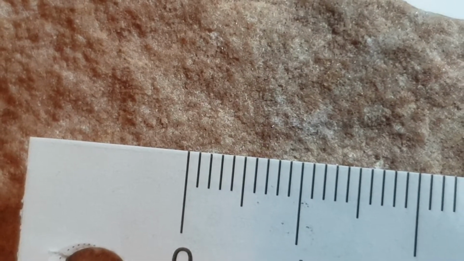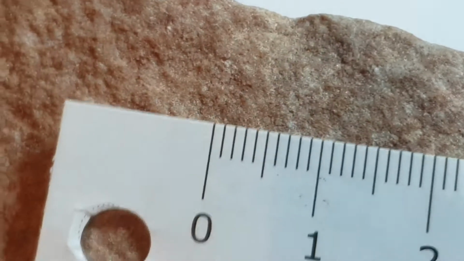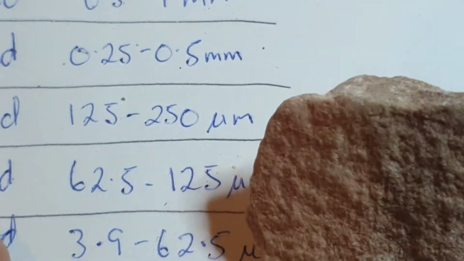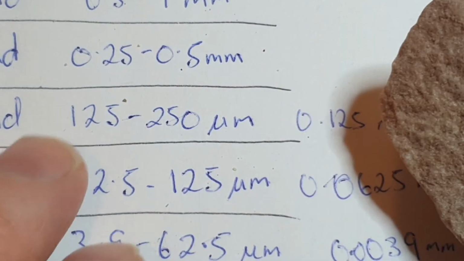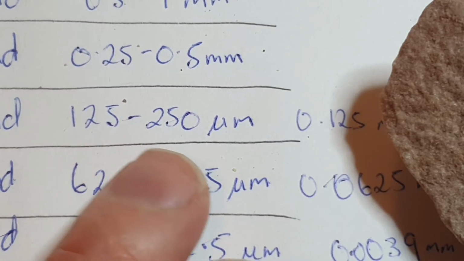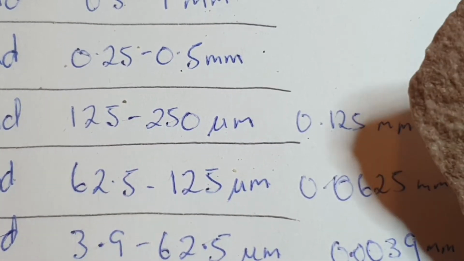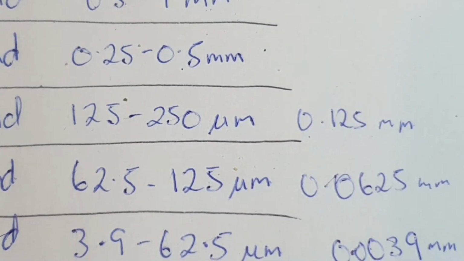So it's probably 0.2. Yeah, see, it's pretty hard to tell. I can't see any individual grains in that lot. So that is probably a very fine to a fine sandstone. So in between those two, 62.5 to 250 micrometers.